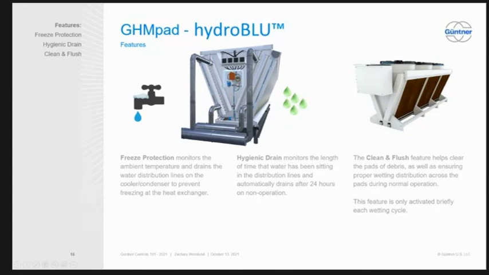So it's not just on off, and it takes into account the ambient temperature and humidity. On days where it's more humid out, it's going to use less water than on days that it's less humid, because adiabatic cooling is not as effective on very humid days.